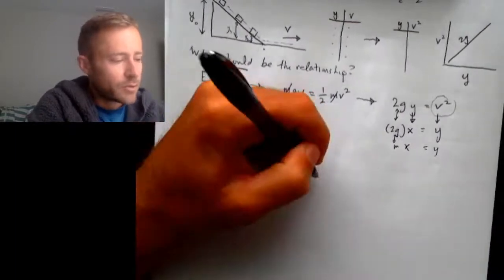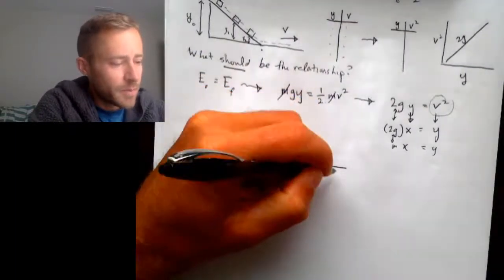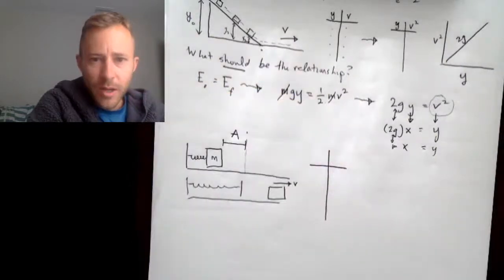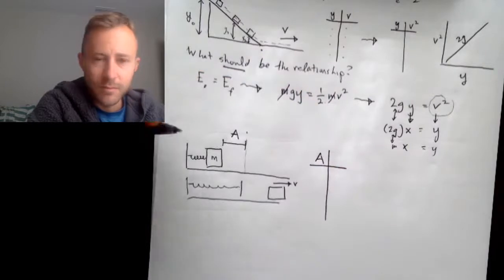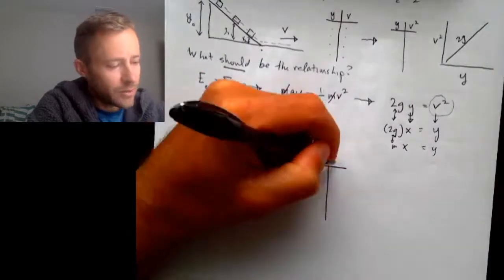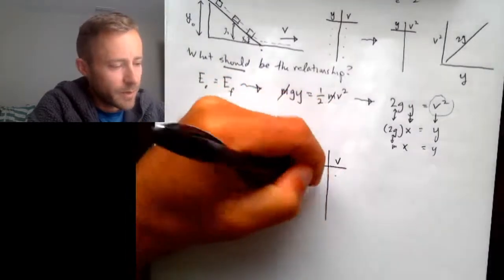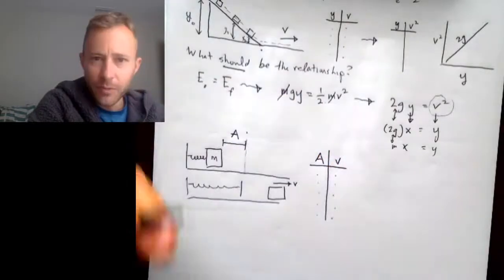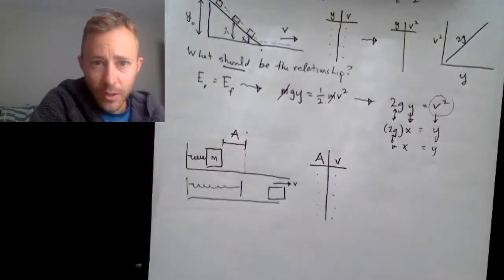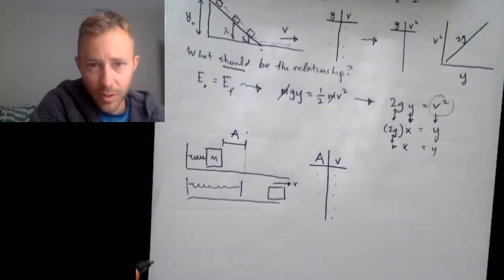Okay. So we would get a data table where we have different amounts of compression, and then we see how that affects the speed. Okay. So what we want to figure out is what should be the relationship between these variables.